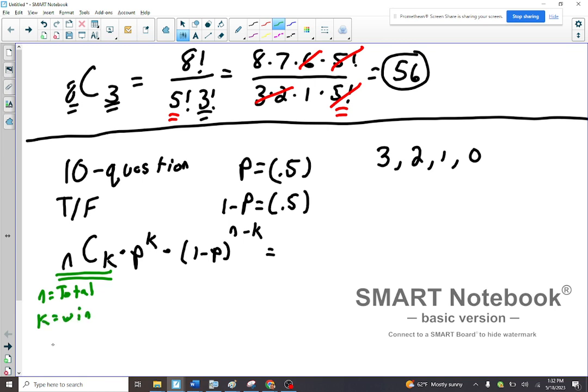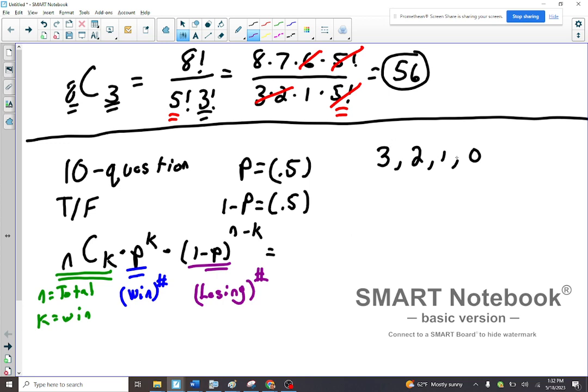The PK is your probability of winning to the power of how many times you win, the number of wins. The next one is your probability of losing, and then the number of times you lose.